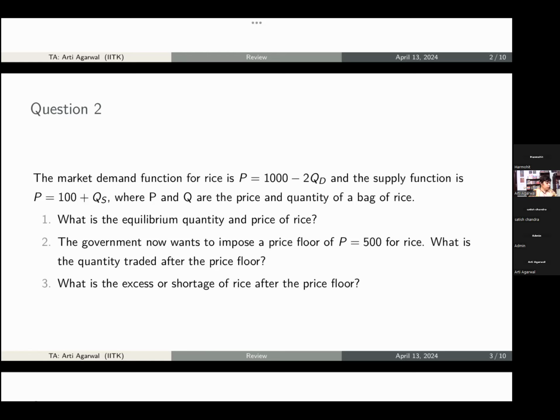Any answers? Price and quantity of rice in equilibrium.